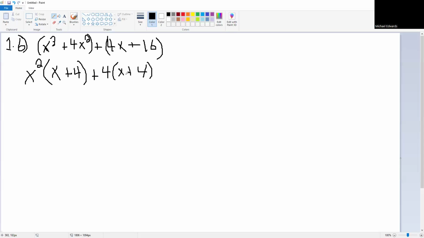Now, you should recognize this pattern. And what we're going to do next is write our common factors here. X plus 4, and then we have x squared plus 4.